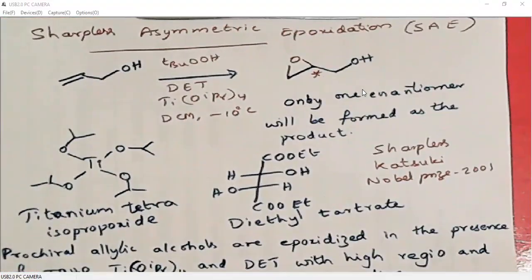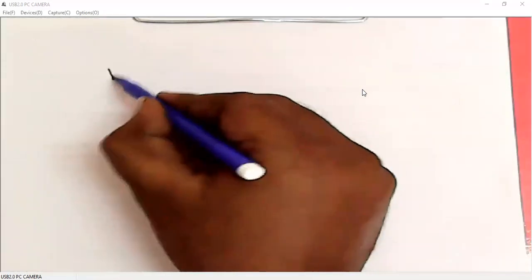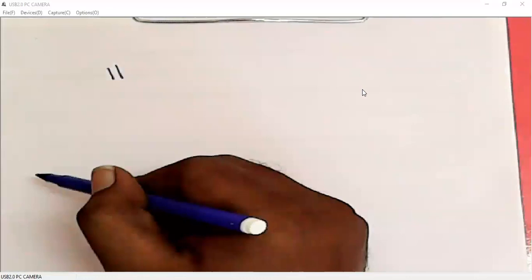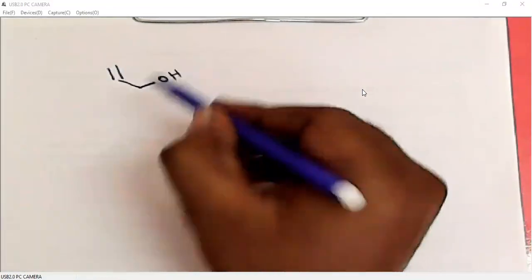Right. So, how to predict the stereochemistry of SAE epoxidation? There is a shortcut for this. We can easily predict the products. What we need to do is place the double bond vertically, then place the alcohol on the right side.